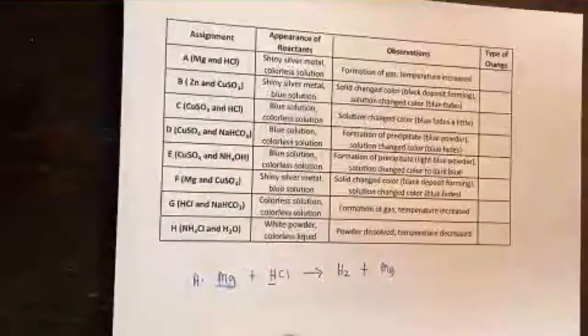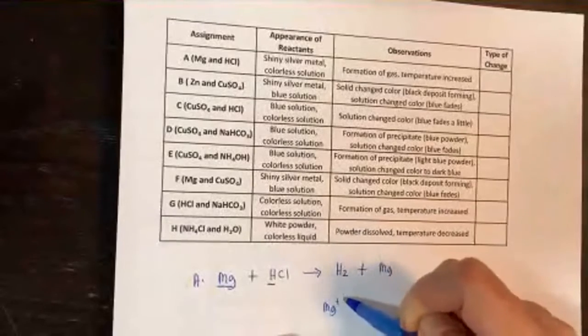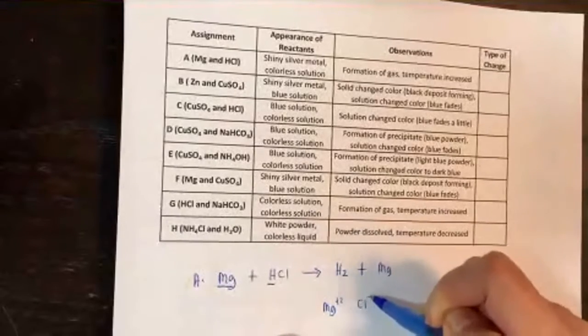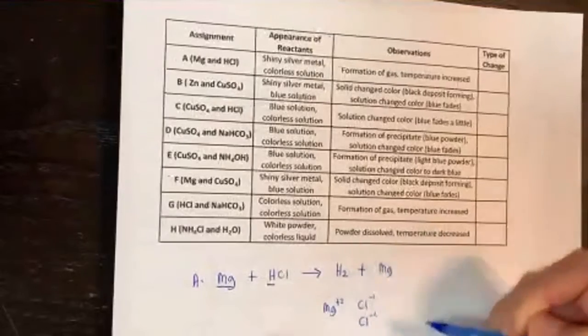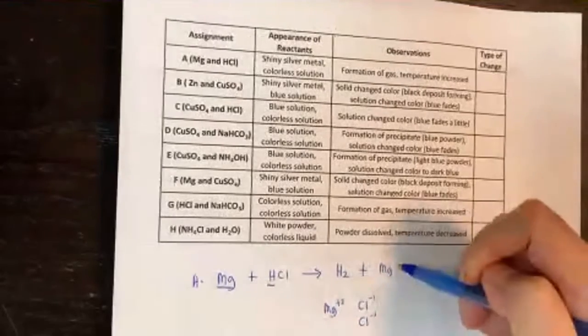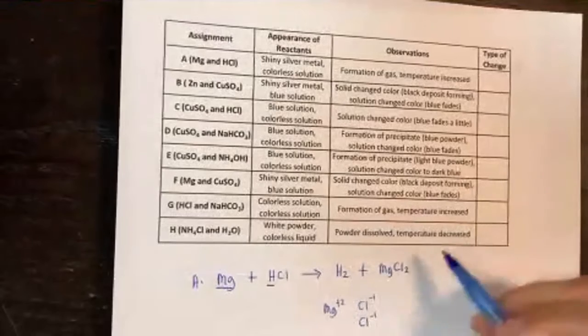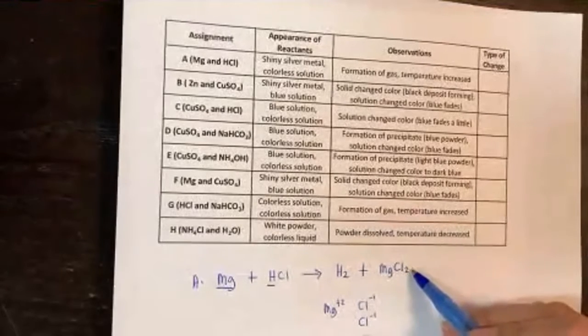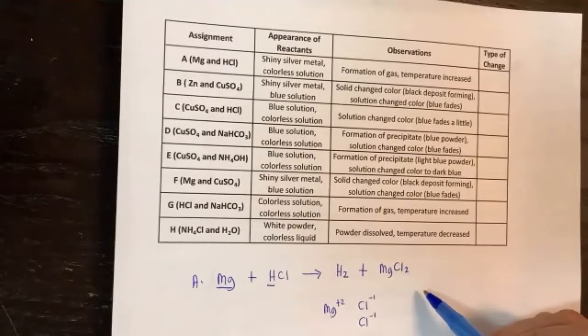If magnesium is +2 and chlorine is -1, we'll need 2 chlorines to balance with 1 magnesium. So therefore, my formula here will be MgCl2. If there's 2 chlorines, I put a little 2 behind the chlorine. That indicates that the chlorine has 2 units in there.